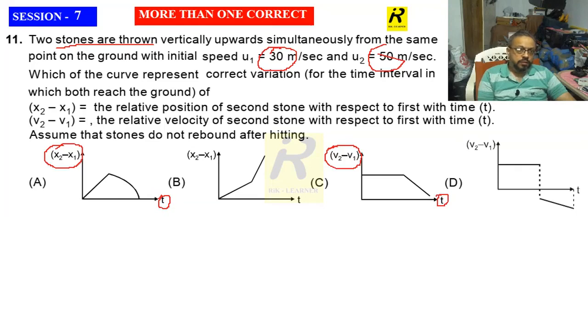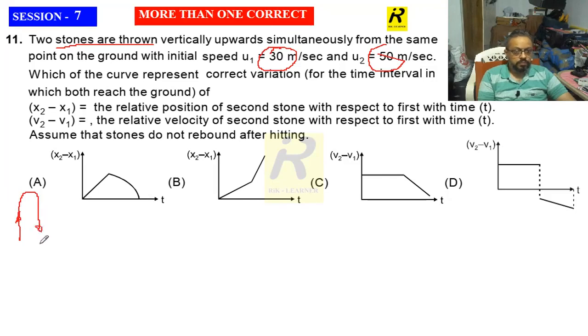Well, for this, I first say one thing. We have to think about the graph in two parts. When both stones are thrown up, they go and come down, right?